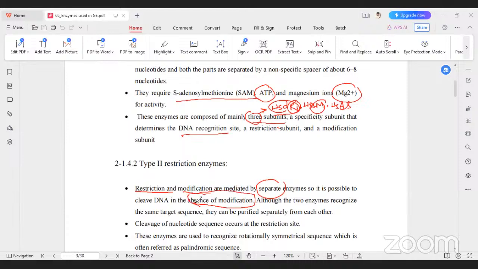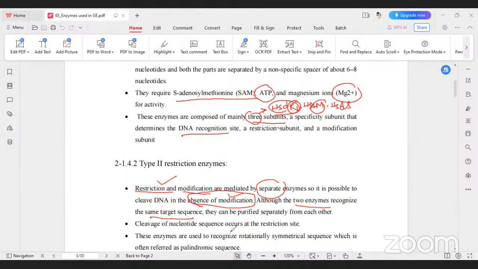But in the first one, the modification is taken into consideration first. Both enzymes recognize the same target sequence. One enzyme is for restriction, another enzyme for methylase activity, and they can be purified separately from each other.